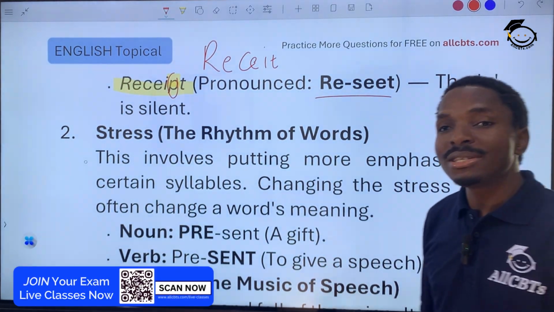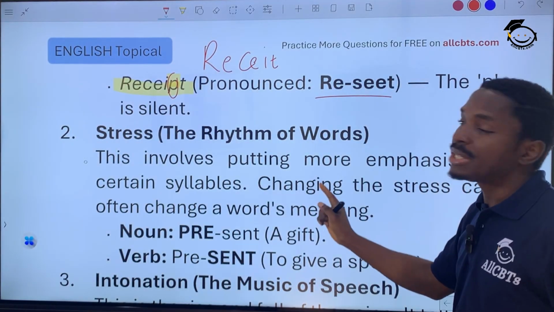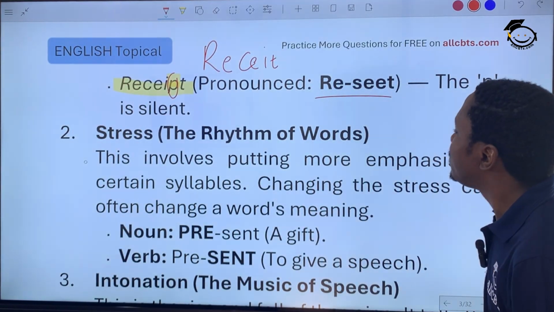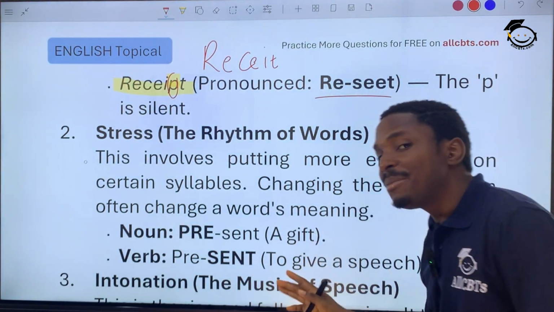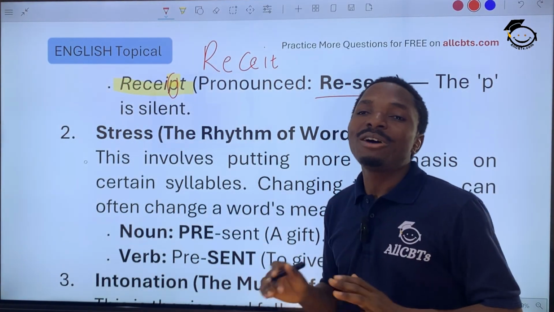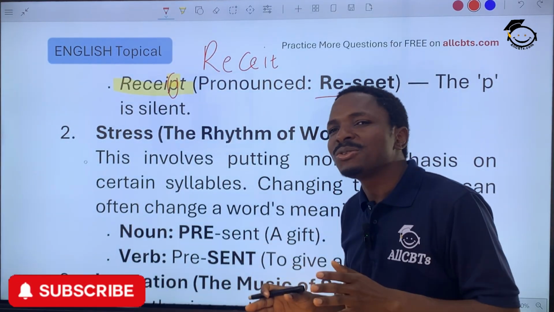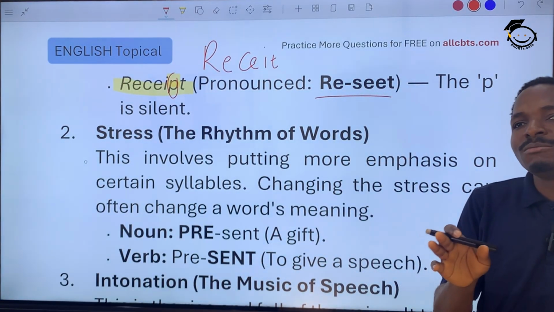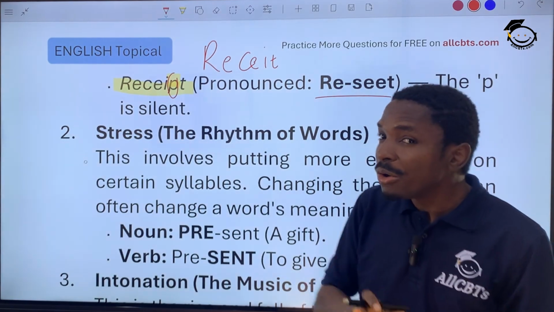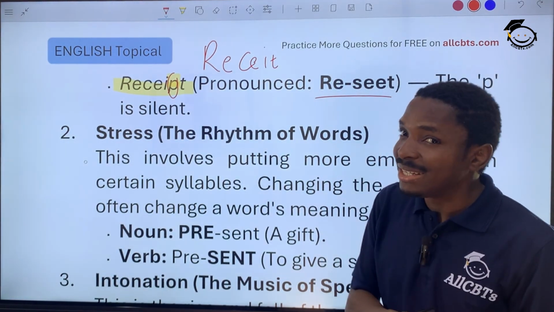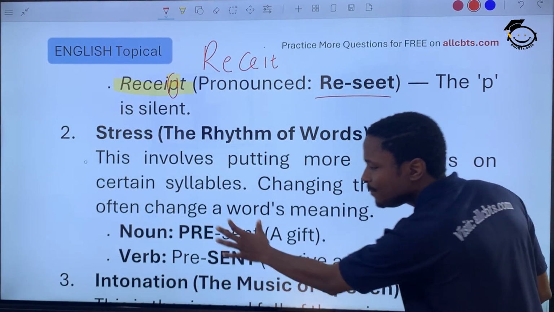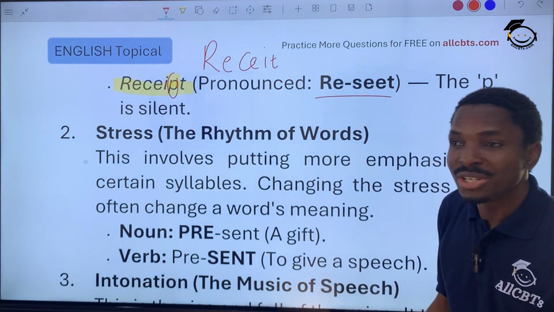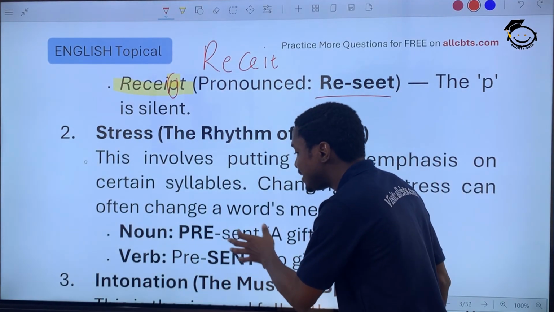Amazing. Now, the second most important thing is stress, the reading of words. It involves putting our emphasis on certain syllables. Remember, at the introduction, I said I was going to help you see the difference in your use of words in certain cases. For example, you have the same word but in different usage. You have present.